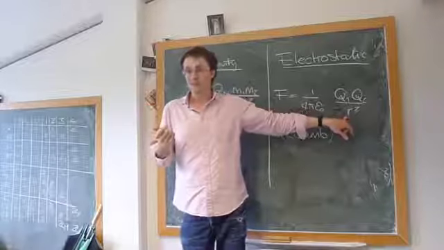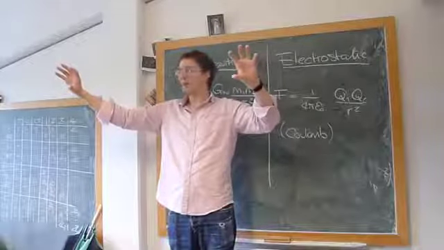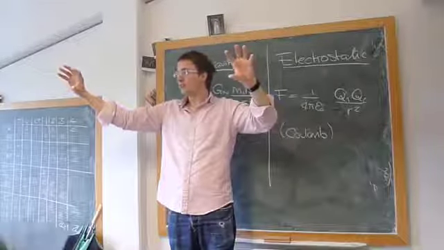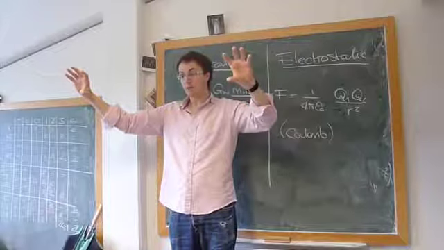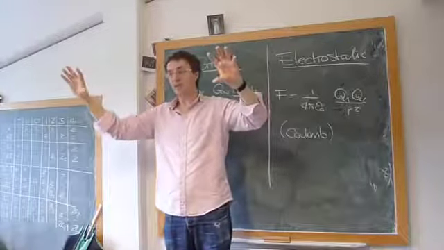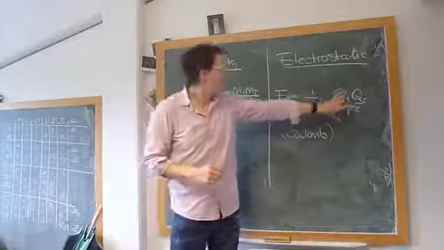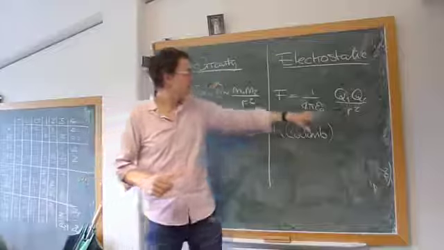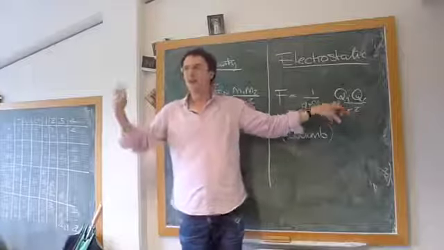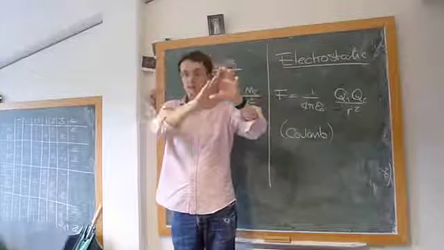That can't be the right answer, though. Because if I move this very quickly to here, then yes, the force ultimately has to get smaller, but it can't do it immediately because Einstein's special theory of relativity says nothing can travel faster than the speed of light. So somehow what's missing from these formulae is the fact that there has to be something that transmits the force from this particle to this particle.